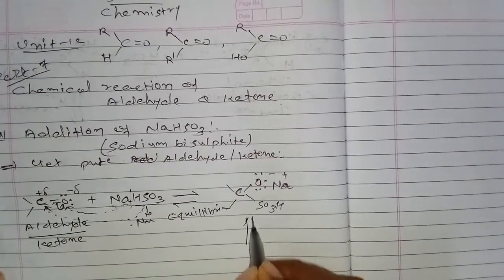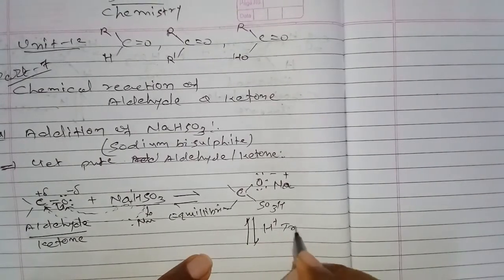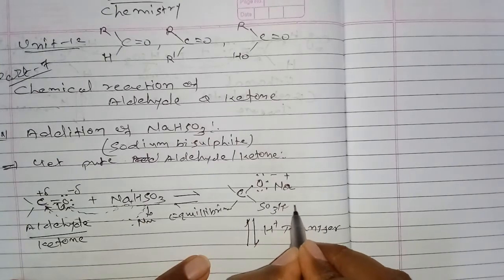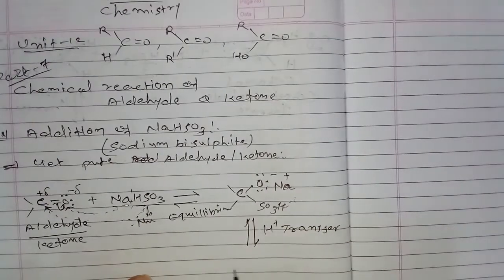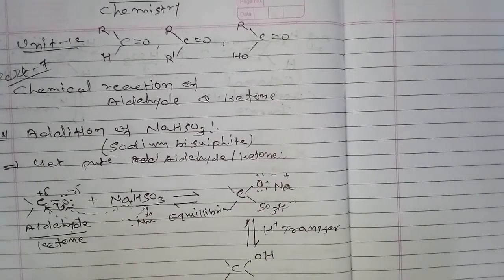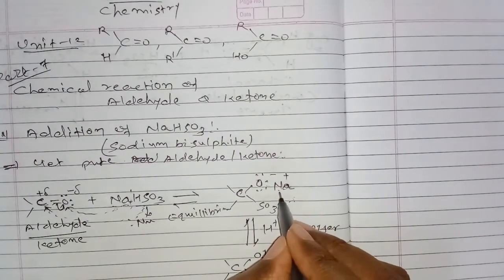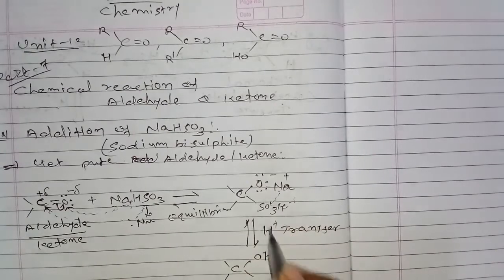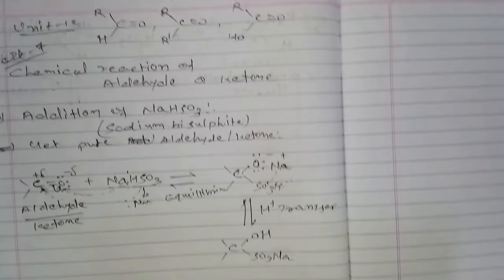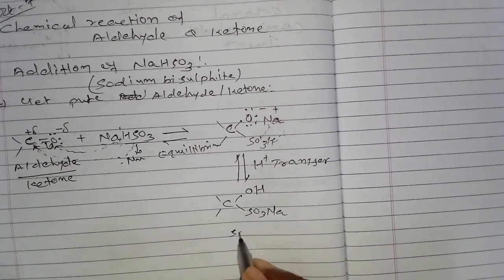In the next step, H plus transfer: this hydrogen will transfer to the oxygen and it forms OH, and here this sodium will attach on the SO3 and it forms SO3Na, which is solid.